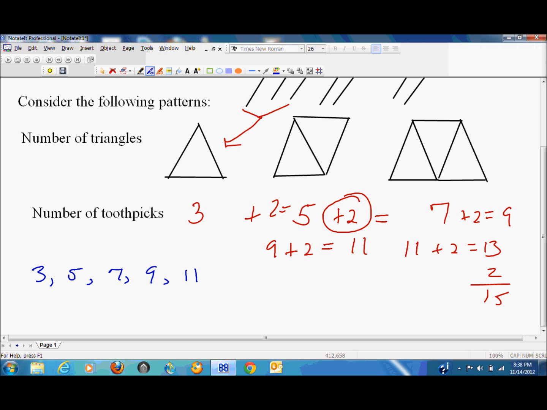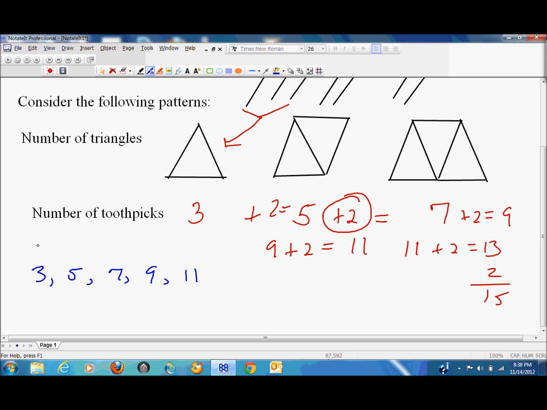So what are they doing in common? Let's classify these terms.